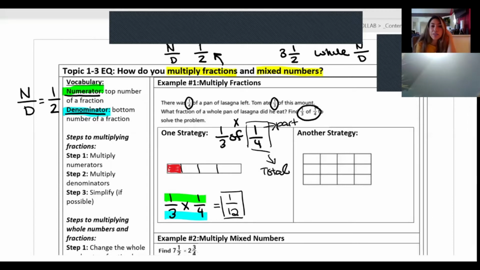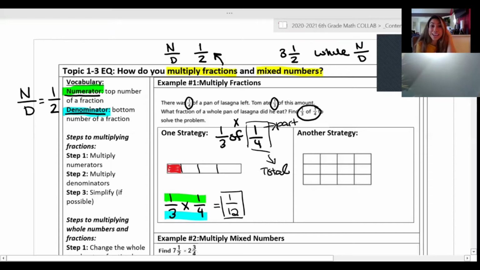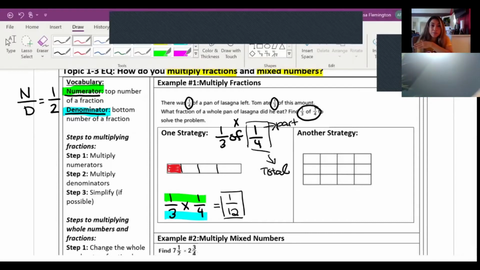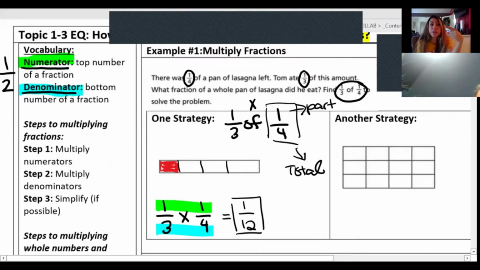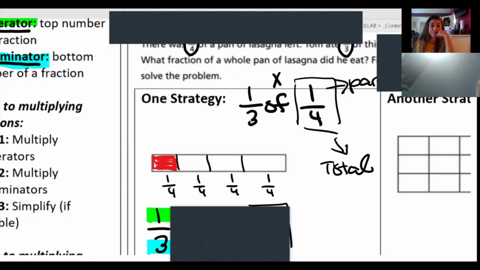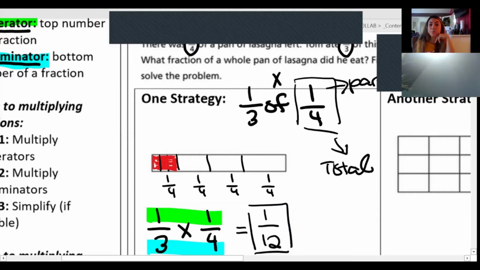Okay, so then we have 1/3 that Tom ate. So each of these 4ths, we're now going to split into thirds because Tom ate only 1/3 of this amount. So Ms. Wilmington is just clearly labeling that each of these parts represents 1 out of the 4, right? Now we're going to split each of these 1/4 into 1/3.